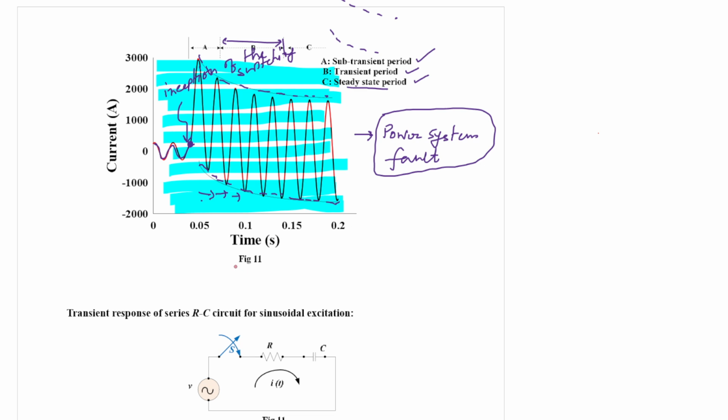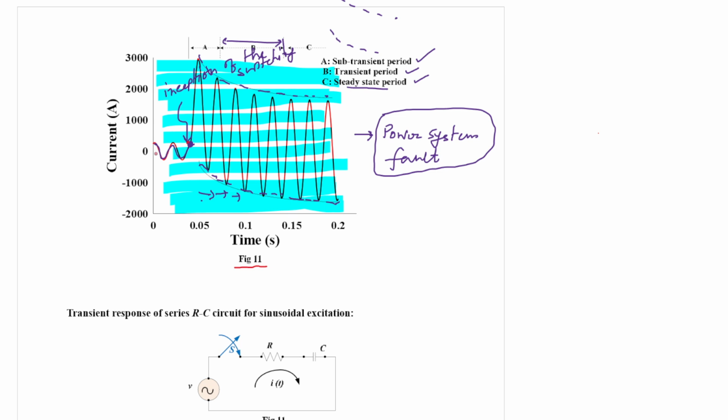It has three phases. First is the subtransient period, then the transient period, and the steady state period. In the subtransient period, we have the most significant information, which is the transient behavior of that electrical network, and thereon we have the transient period and the steady state period.